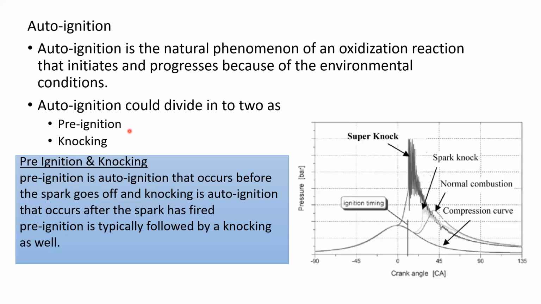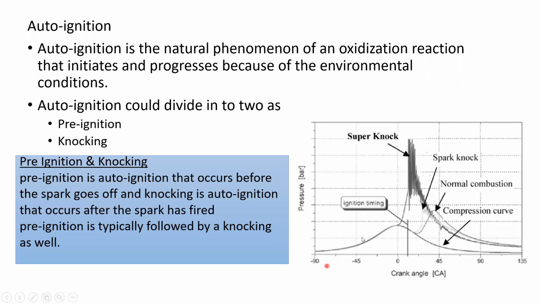Auto ignition comes with two processes: one is pre-ignition, the other is knocking. Pre-ignition is auto ignition that occurs before the spark goes off. There's a particular time for the spark to go off. This is how it works.